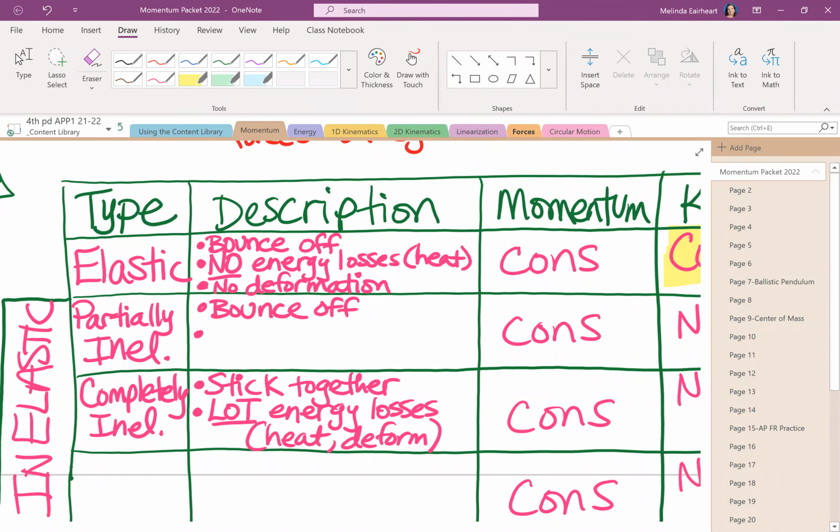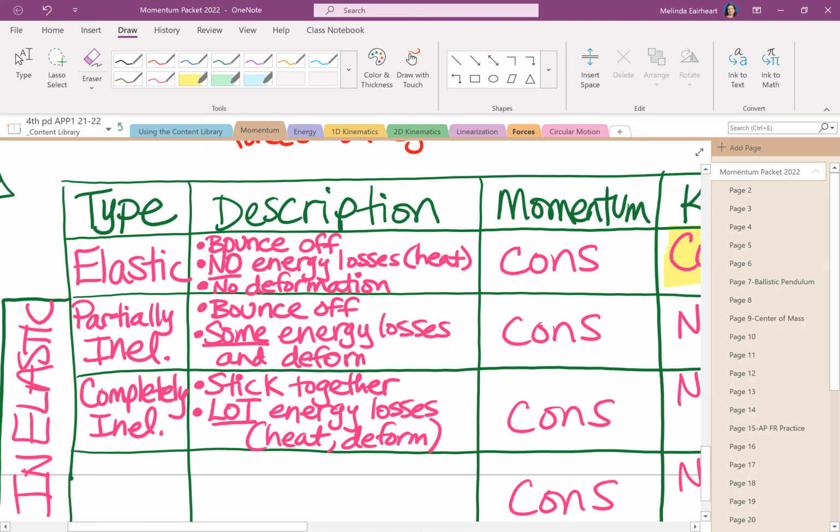It doesn't keep its shape. And so we have some energy losses and deformation. Some. Good on that.